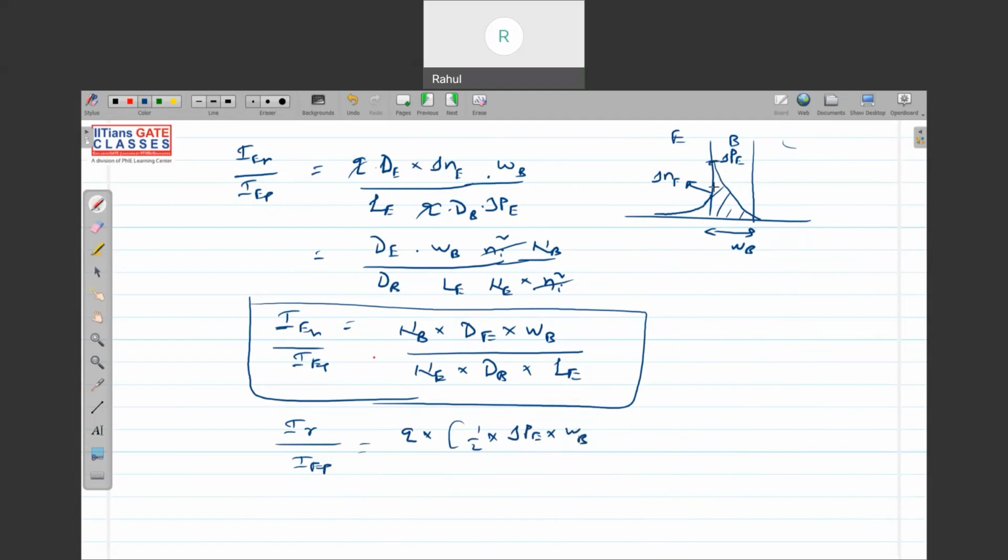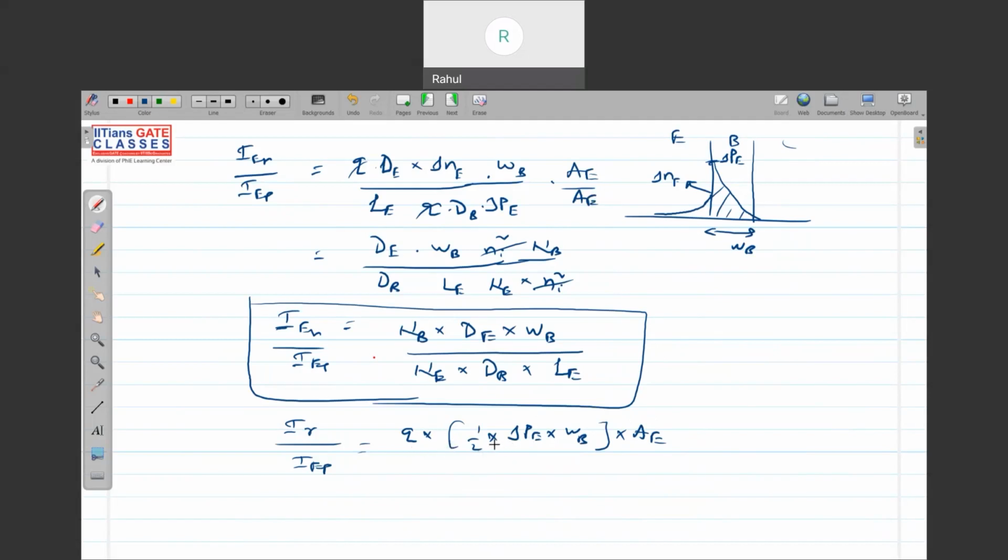This is the area under this curve, okay? Into A, right? A should be there. Here also there should be AE. Okay. This is the total charge.